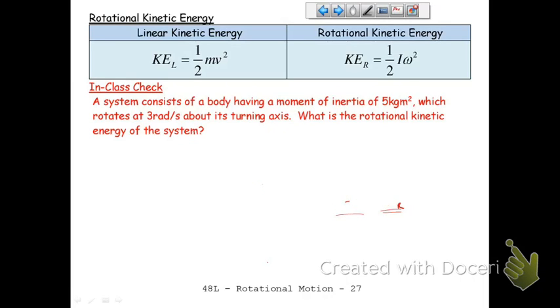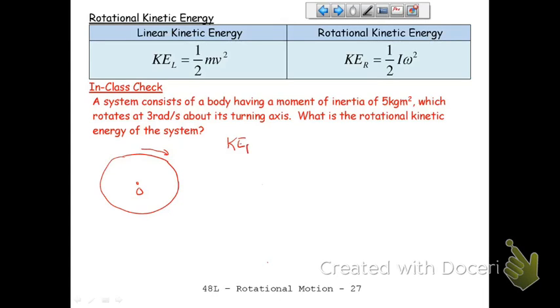So here we have a question. A system consists of a body having a moment of inertia of 5 kilograms meter squared, which rotates at 3 radians per second about its turning axis. What is the rotational kinetic energy of the system? So here's the body, here's my rotational axis, and it's spinning. I want to find the rotational kinetic energy.